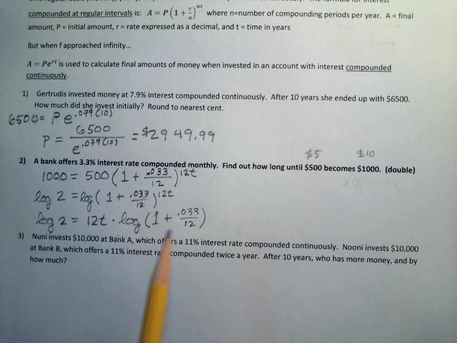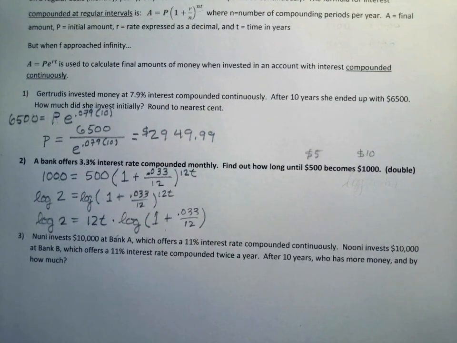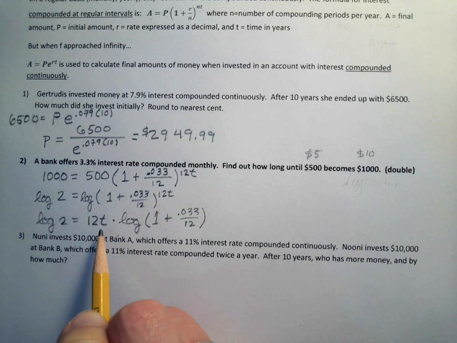Notice in this case, I am taking just common log base 10. I could have taken natural log. There were no e's in this formula, so there's no benefit to taking the natural log. You certainly can. It's not going to make it more difficult, but it's not going to make it any easier. So I just chose log base 10. And remember, I don't have the base 10 written there because if I don't have the base, it's by default base 10, common log.